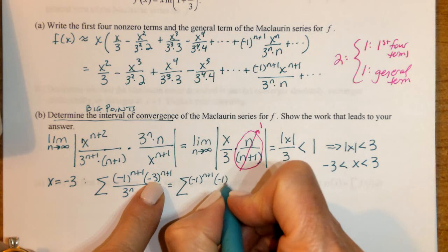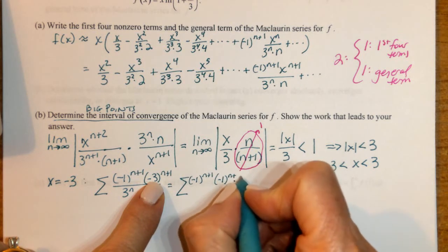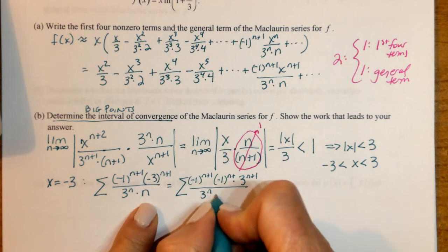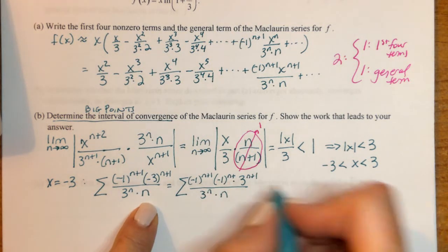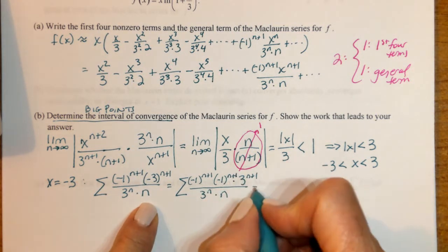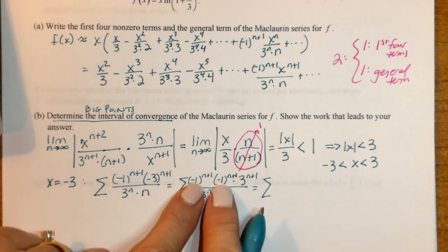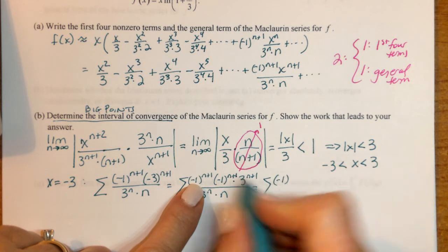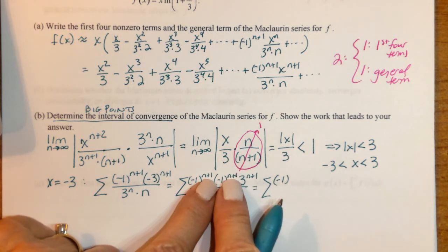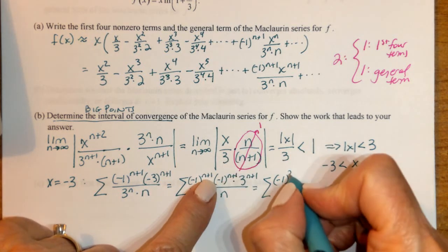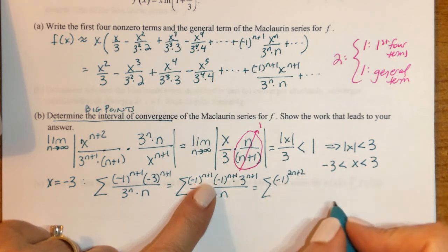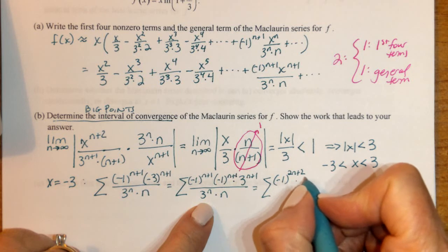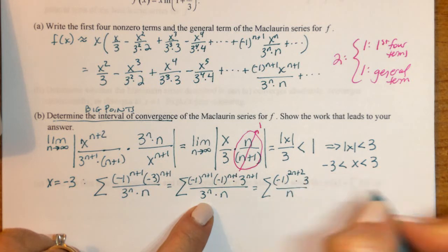That'll be negative 1 to the n plus 1 times 3 to the n plus 1. Like that. Now, negative 1 is the same base, so I can write these as the same base, and I add the exponents. So that will be 2n plus 2. The 3's reduce and leave just a 3 on top.